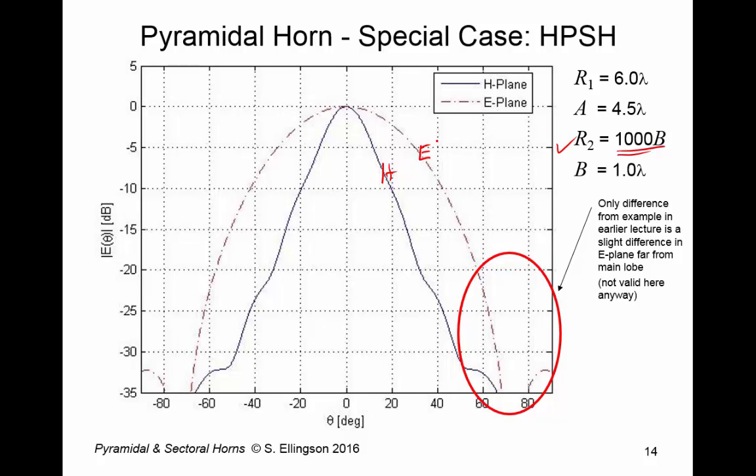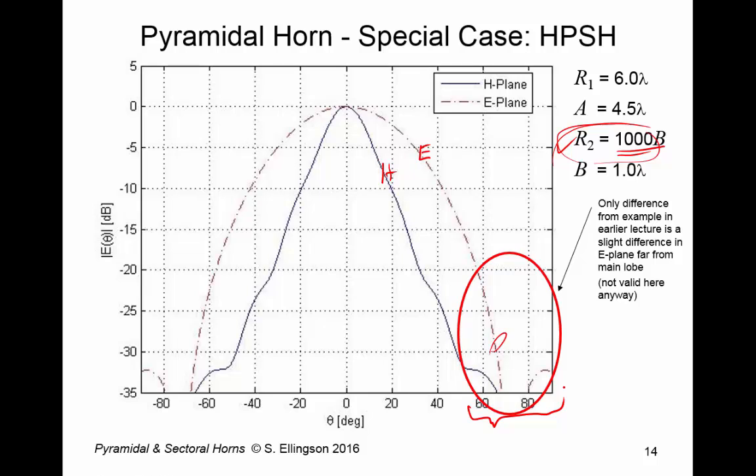In fact, the only difference from the example I did in the previous lecture is a small change in the E-plane out here. And we shouldn't be too worried about that. It comes from the various approximations associated with the pyramidal horn, and perhaps a little bit from this assumption. But we're really not too concerned about it. And the reason is because we wouldn't expect that any of these results would be very good this far away from broadside.